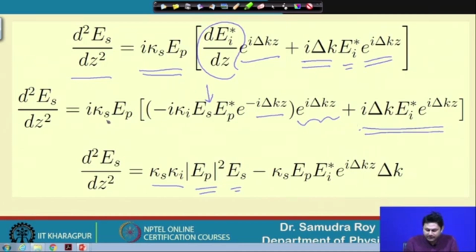And if I multiply this term with this, we will have a negative sign, because I multiplied by i, so we will have a minus sign here. Delta k will be there, e to the power i k z will be there, E_i star and E_p are there.